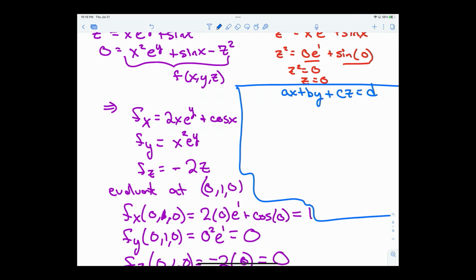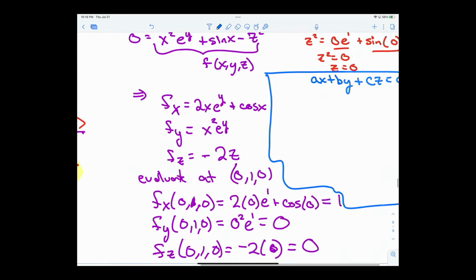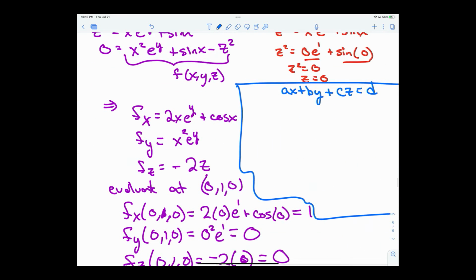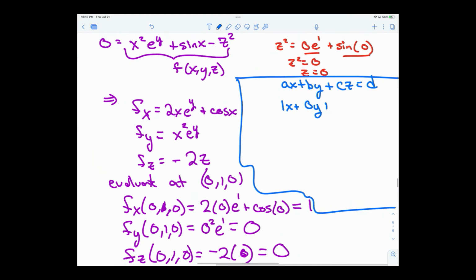So that's the equation of a plane. The ABC is your normal vector. So we have 1x plus 0y plus 0z equals d. So we just have x equals d, a very simple plane.